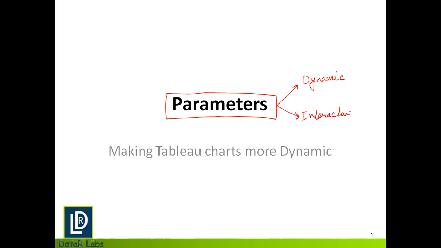So a user is able to talk to the chart literally, because as and when a user passes an input to the chart, accordingly, the chart throws a different output for a user to consume. And thereby, parameters make Tableau charts much more dynamic.